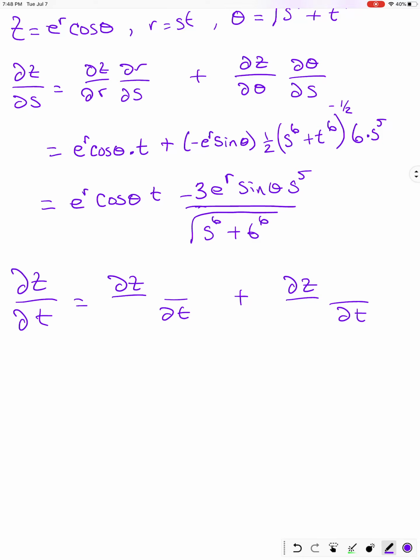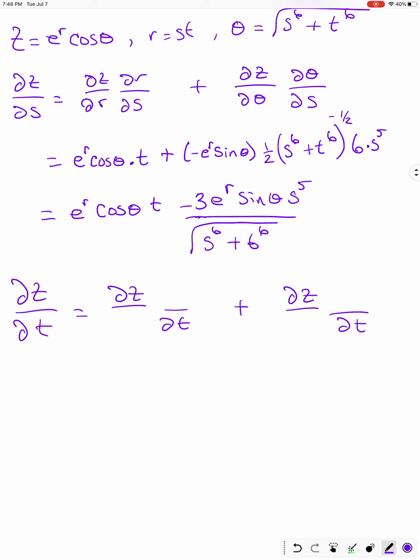And then I just fill in the other variables, which are r and theta. So partial derivative of r, and then partial derivative of r, and partial derivative of theta, partial derivative of theta.